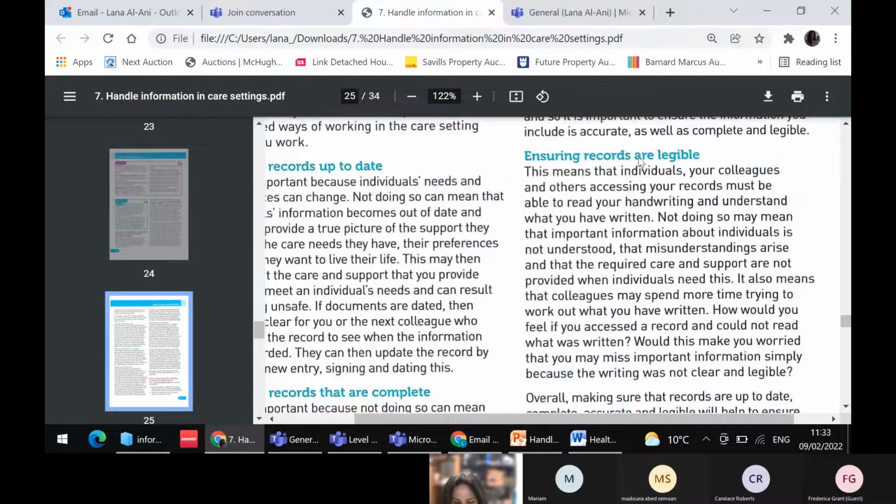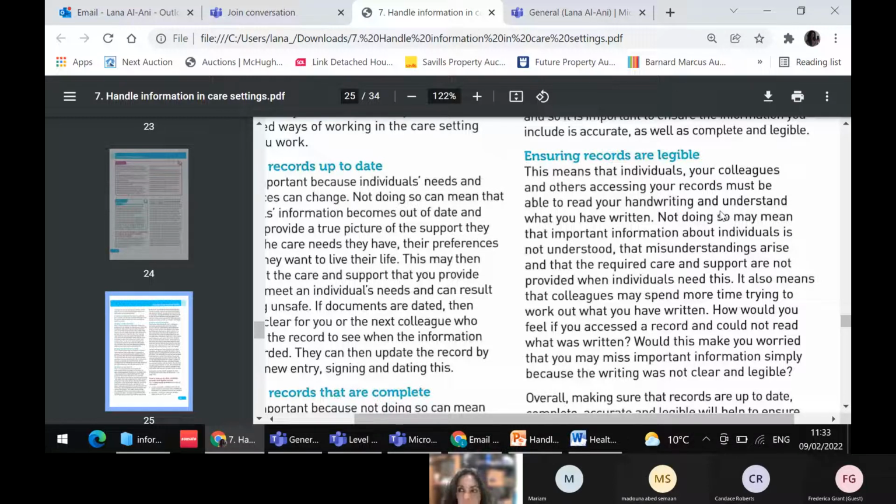Also, my records need to be legible, which means that when I write the client's report, I make sure my handwriting is clear, readable, and everyone can read my handwriting.